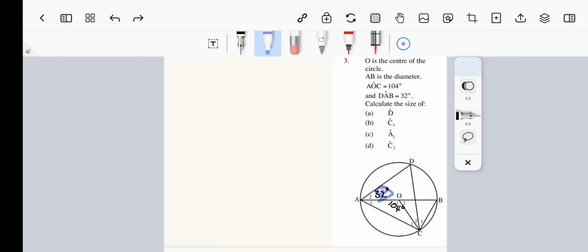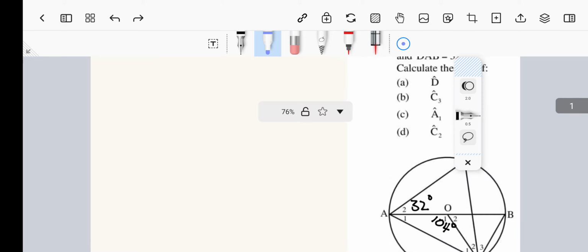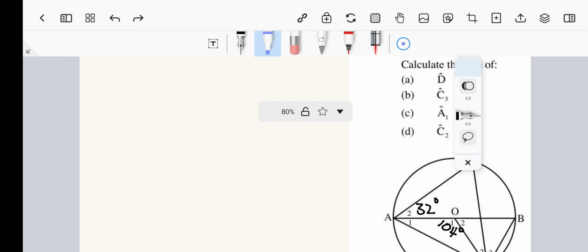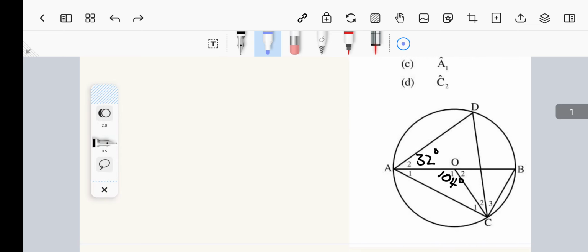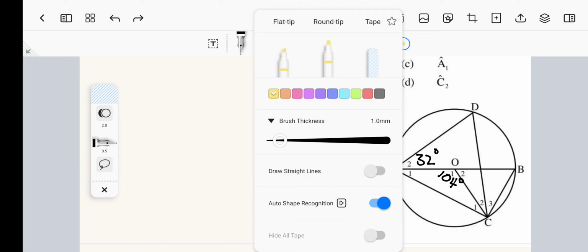It wasn't in there. I drew it in, but it is given information. So let's start to solve this question. Or even before we start to solve this question, let's just look at certain things. Maybe let's zoom in. Let's have a look at certain things concerning this question, even before we look at what they're asking us.